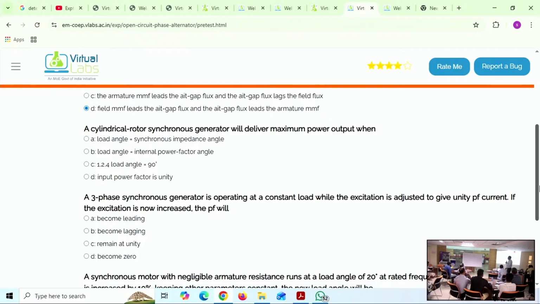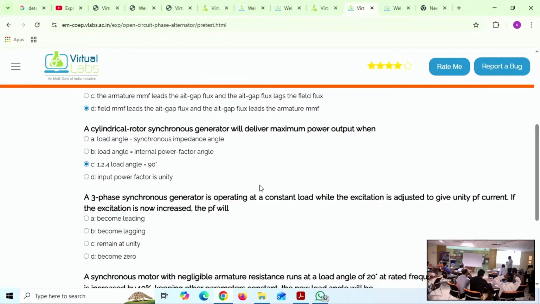Internal power factor angle is the angle between E and I, psi. Next, 124, what is 124? Wrong, I think this is a type of mistake. Load angle again is equal to delta. Input power factor is unity. Load angle is 90 degrees, that would be the right answer. Yes, click there.